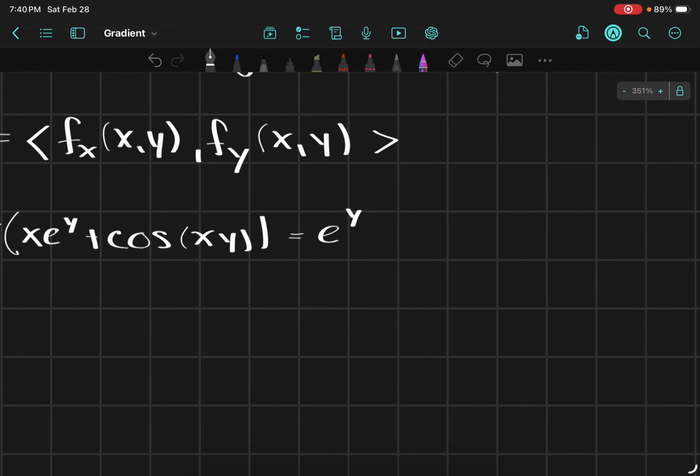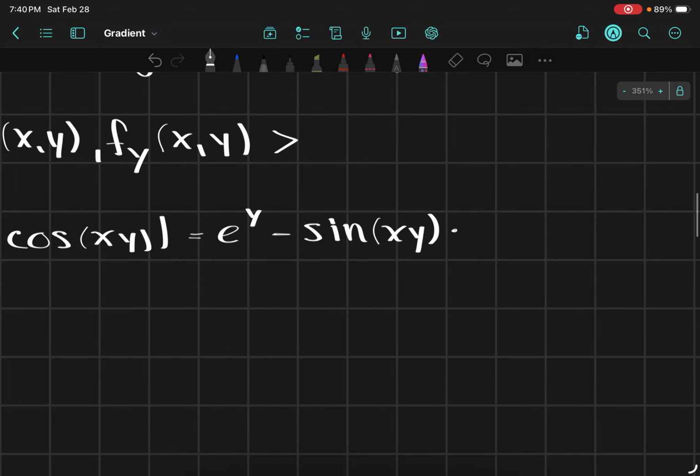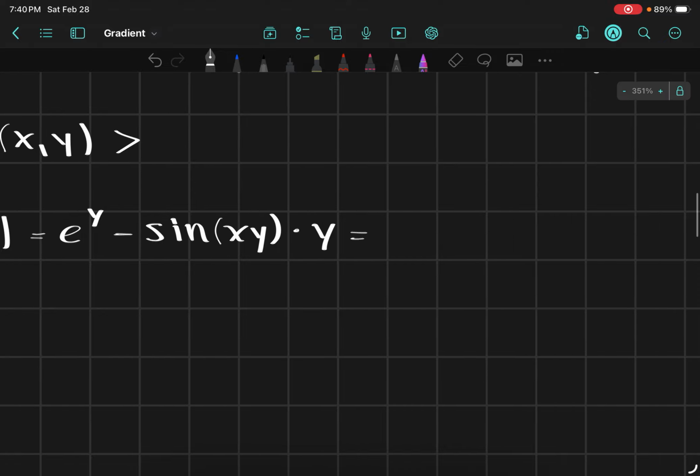We're going to take the derivative of the outside while keeping the inside the same. So we are going to have minus, the derivative of cosine is sine, of xy. Take the derivative of the inside with respect to x. Well, just get rid of that x. Now we have a y. So this is going to be e to the y minus y sine of xy.